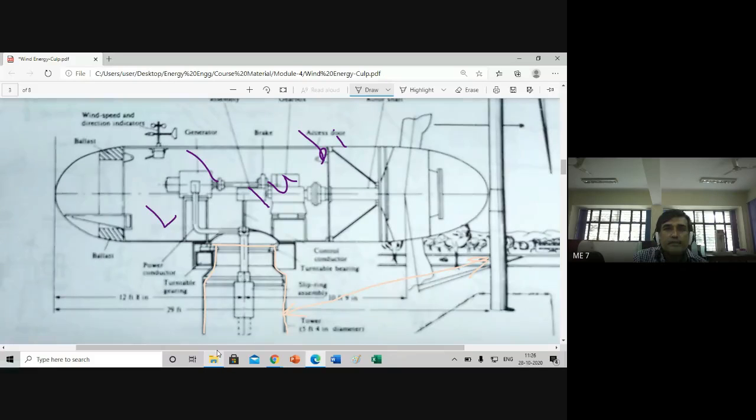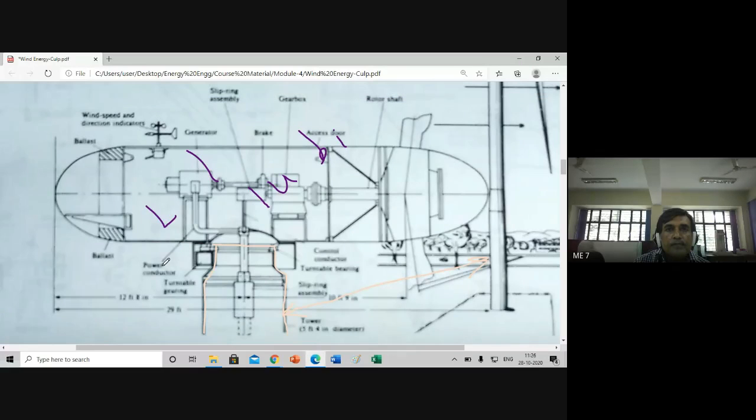Next is the rotor shaft. Rotor shaft. Blade.